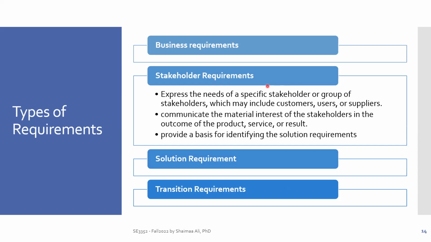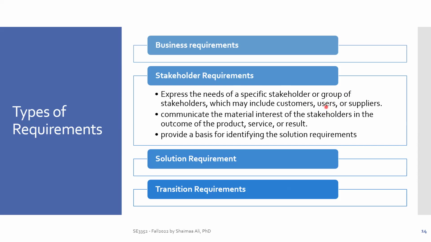A customer or a supplier might have a requirement that the system has to be able to integrate with their system, for example. So we're talking about groups or individuals that have interest in the system, but not necessarily by using it. Users are important stakeholders, but they are not the only ones. We need to communicate their interest.